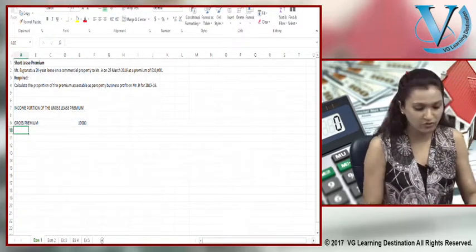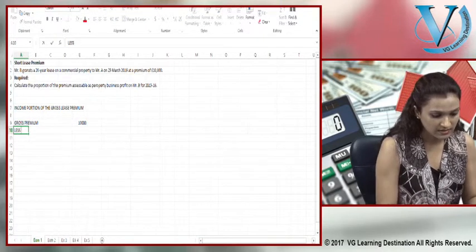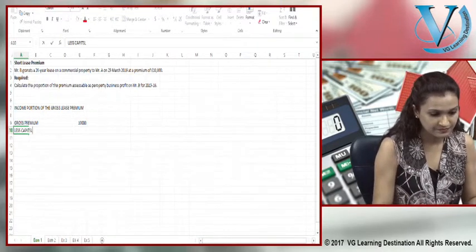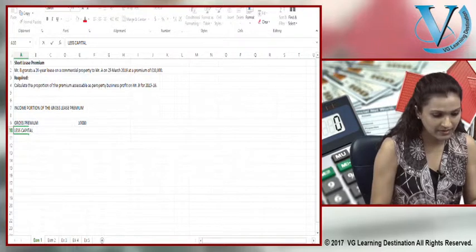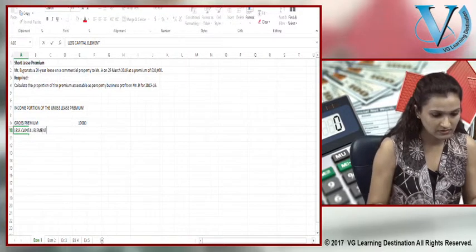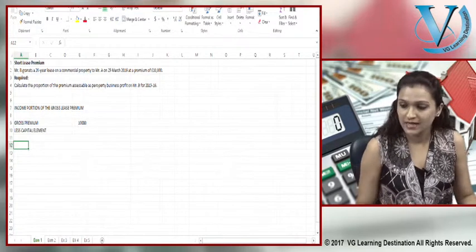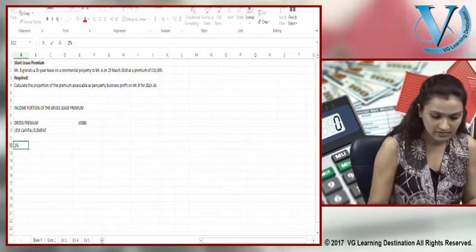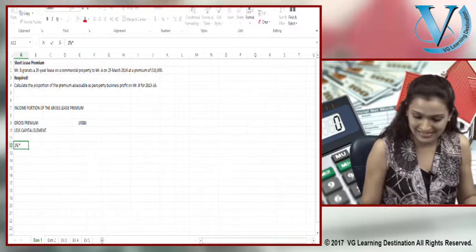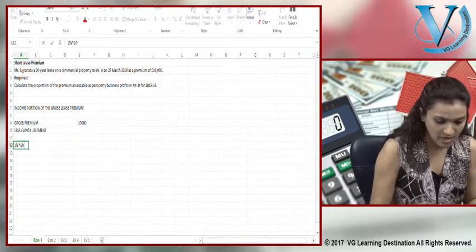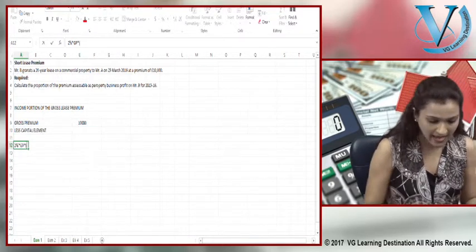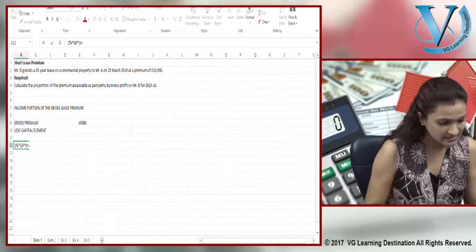What do you reduce from it? You reduce the capital element. What is the capital element? Capital element is equal to 2% of your gross lease premium multiplied by n minus 1.